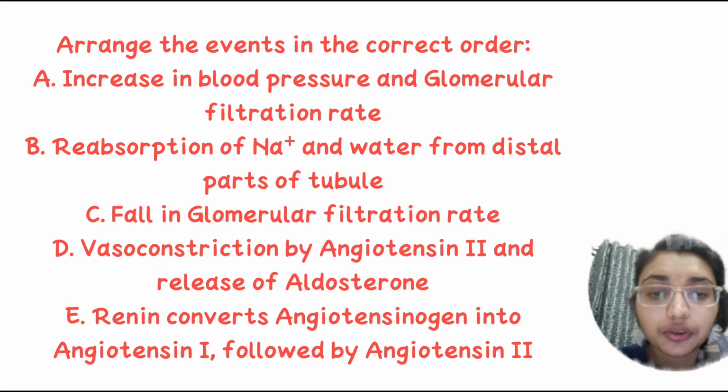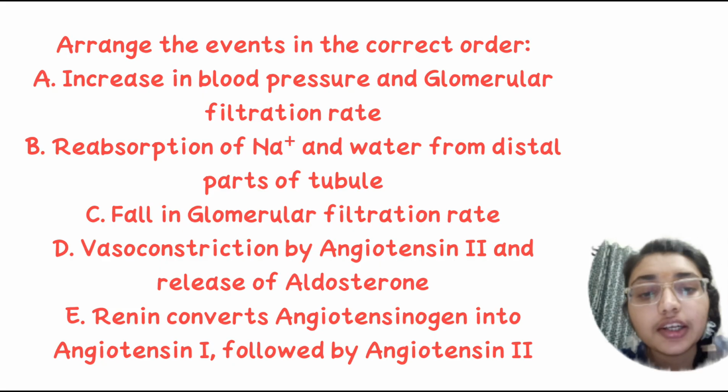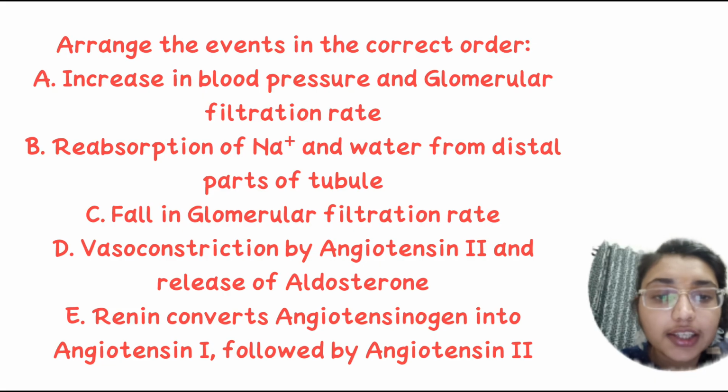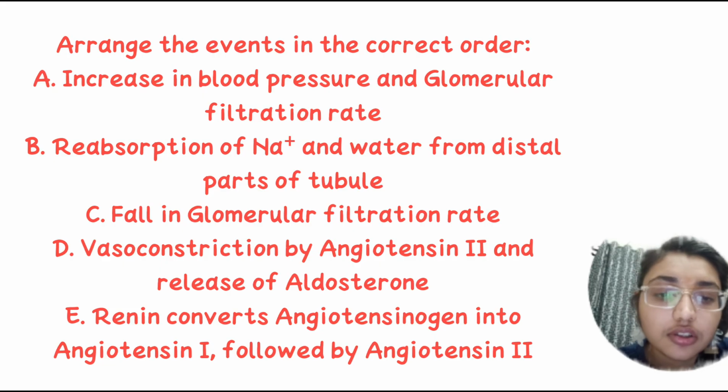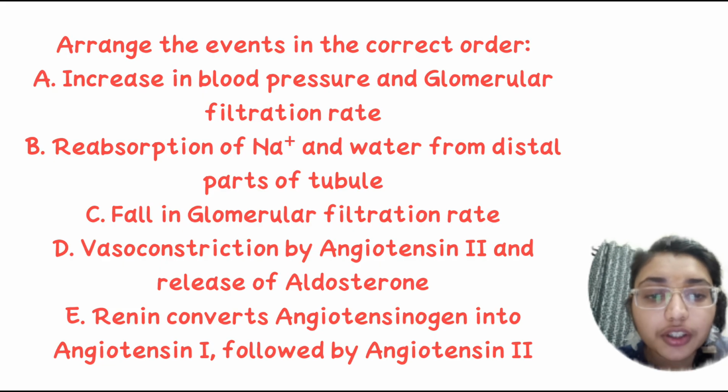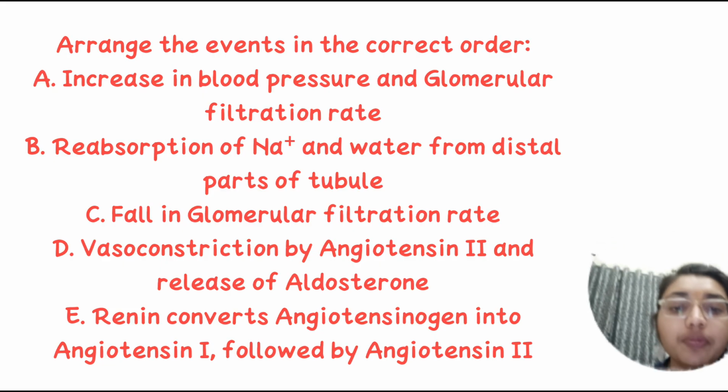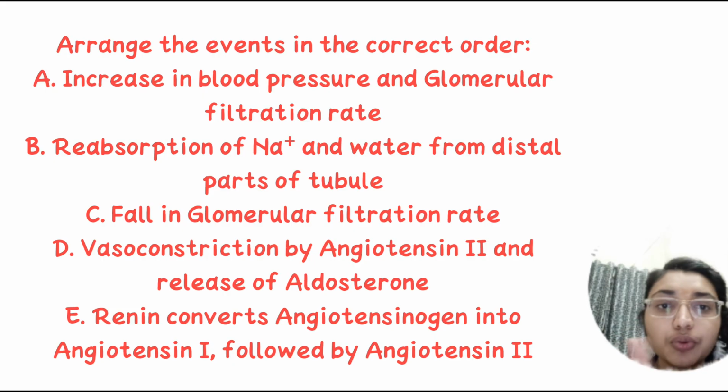So your correct order is: fall in the glomerular filtration rate. After that, renin will be converting angiotensinogen into angiotensin 1, followed by angiotensin 2.